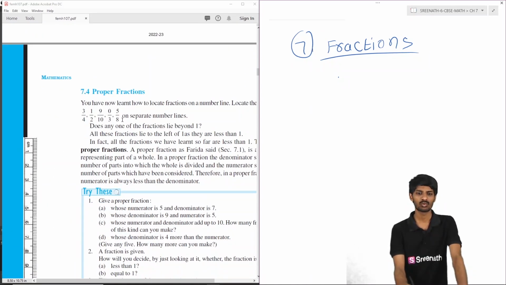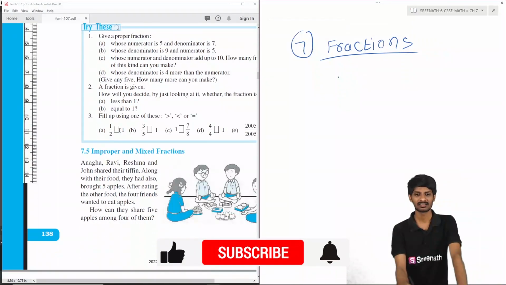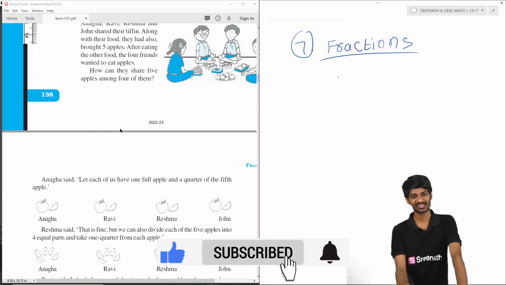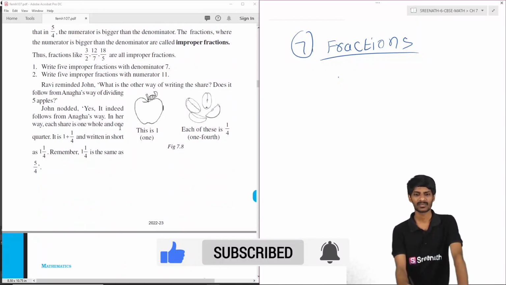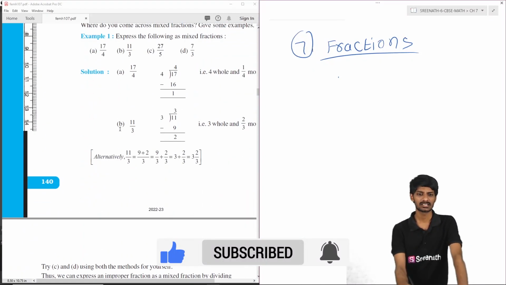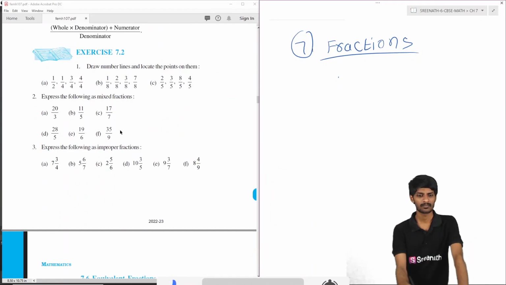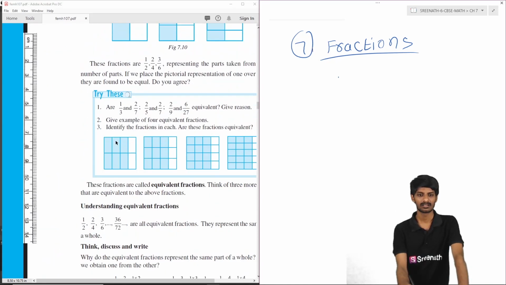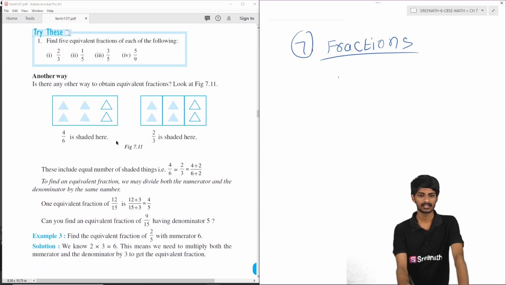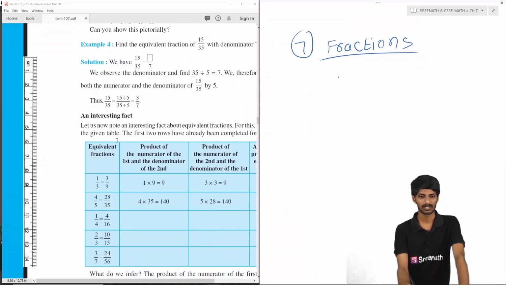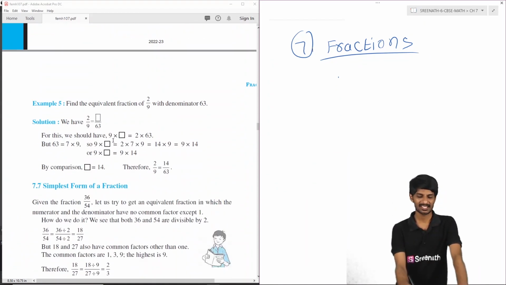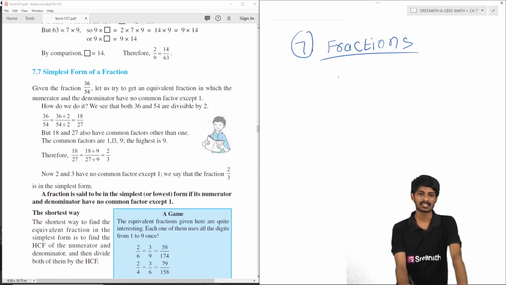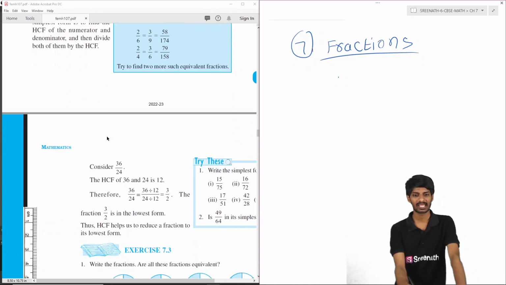After that, what is meant by a proper fraction, what is meant by improper and mixed fractions, and what is the thing about equivalent fractions. There are some examples, students, we are going to solve, and the simplest form of a fraction, how to derive the simplest form of a fraction.